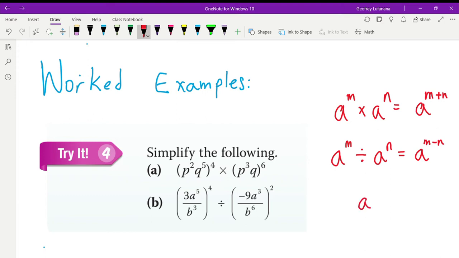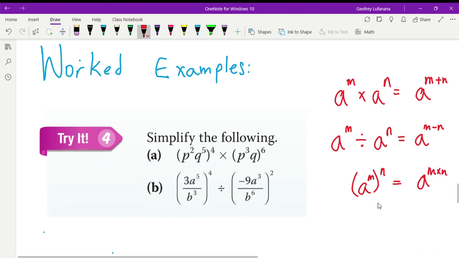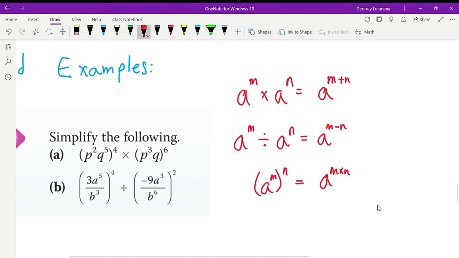And then the power rule, if I have a number of base raised to a power raised to another power, I will multiply the powers. Likewise, the extension one where we have brackets.